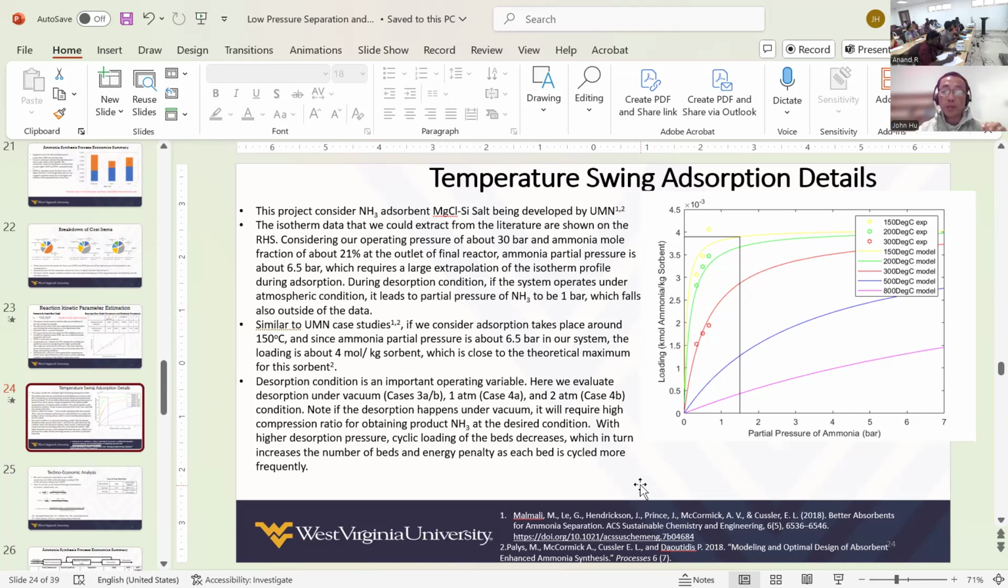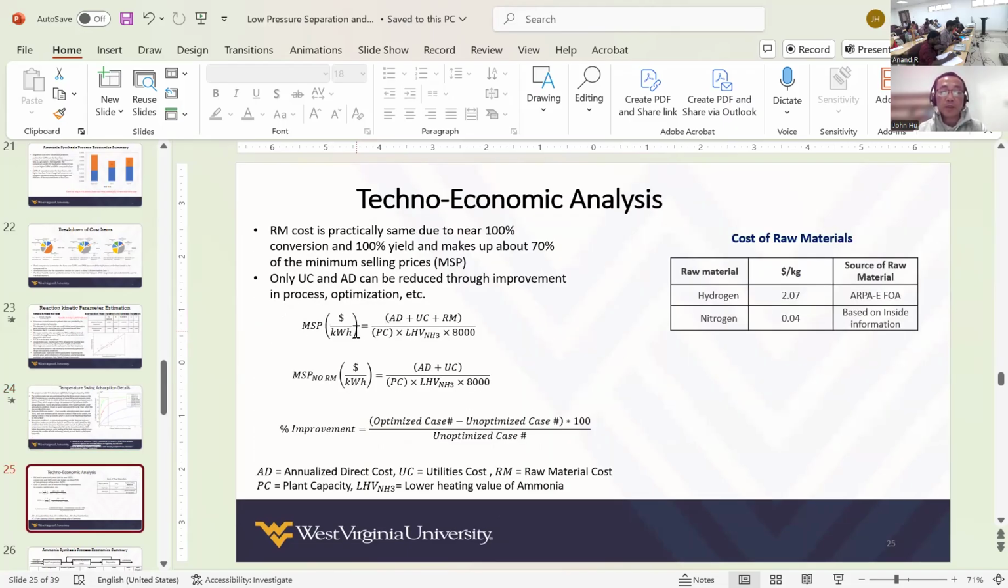Remember, a Haber-Bosch plant is 1,000 tons per day, but we are 60,000 tons per year. That is probably a small scale compared to Haber-Bosch. But we calculate everything based on MSP, minimum selling price, to compare.